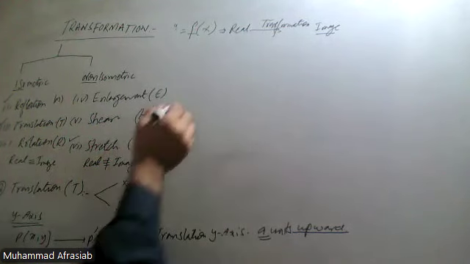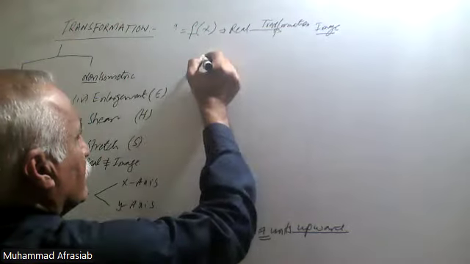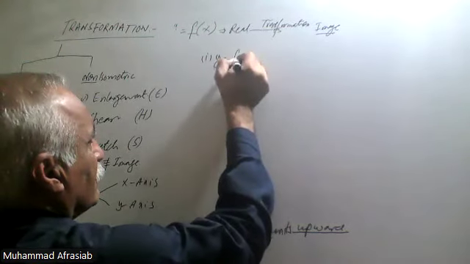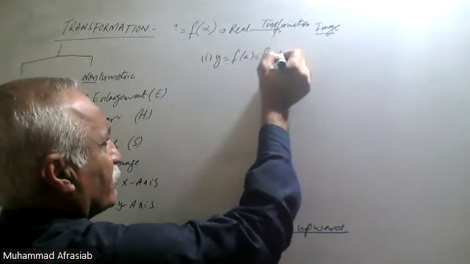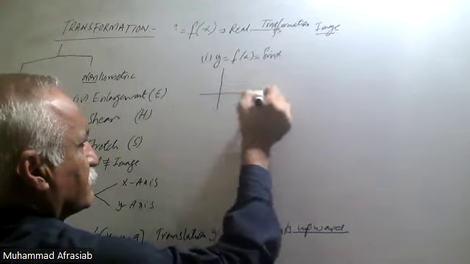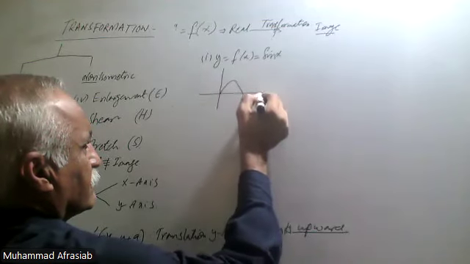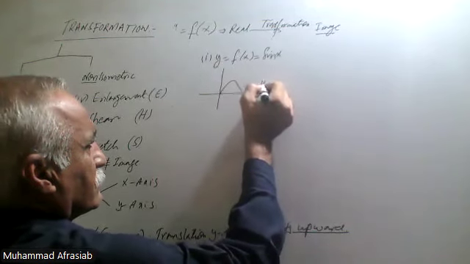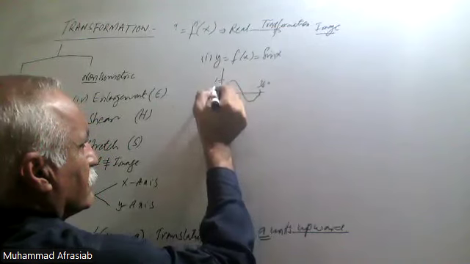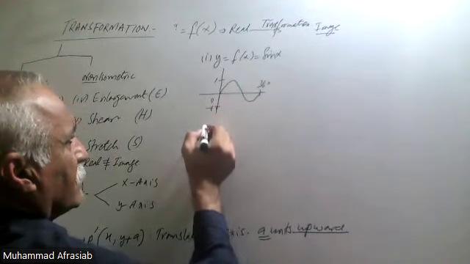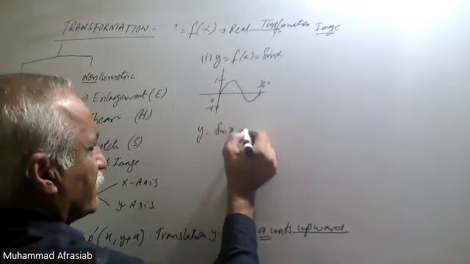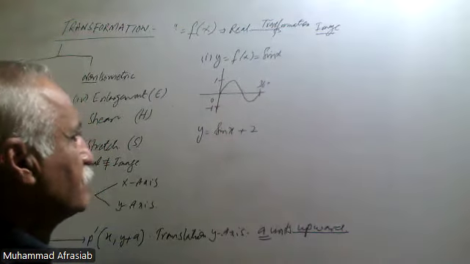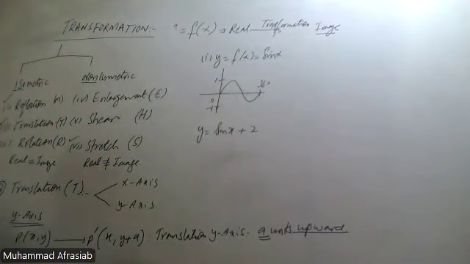Now, let's say y equal to f of x, and let's say that is the same graph sine of x. And now we draw the graph of sine of x plus 2. So that means the whole graph will be shifted 2 units upward.